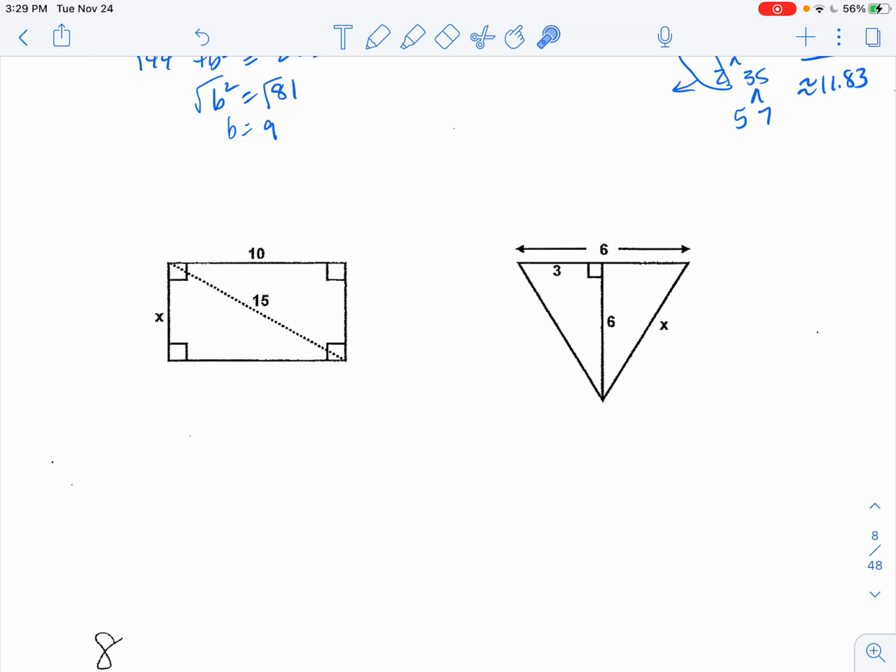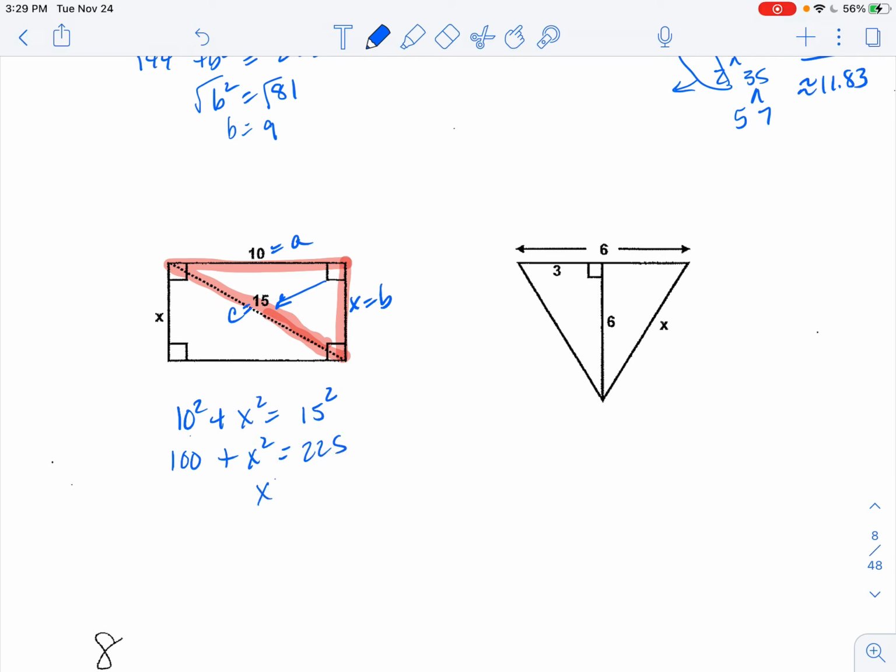Okay, 2 more examples. Let's see, what do we have here? Well, if this guy is x, we know over here is x as well. And I'm looking at this right triangle right here. And so across the box is your 15, that's your hypotenuse, or your C. And we can just call this A and B. So A squared plus B squared is equal to C squared. 100 plus x squared is equal to 225.